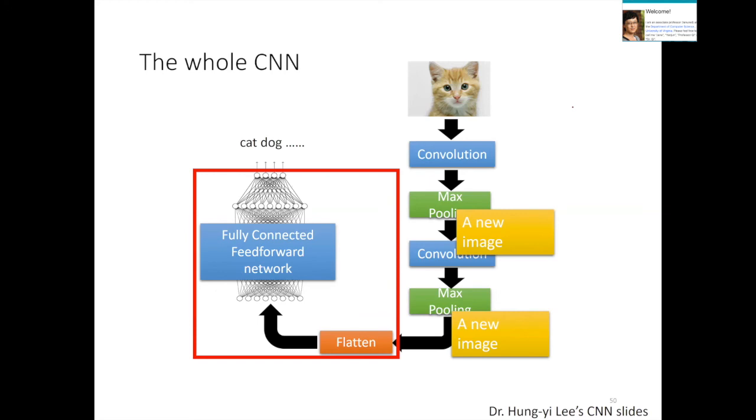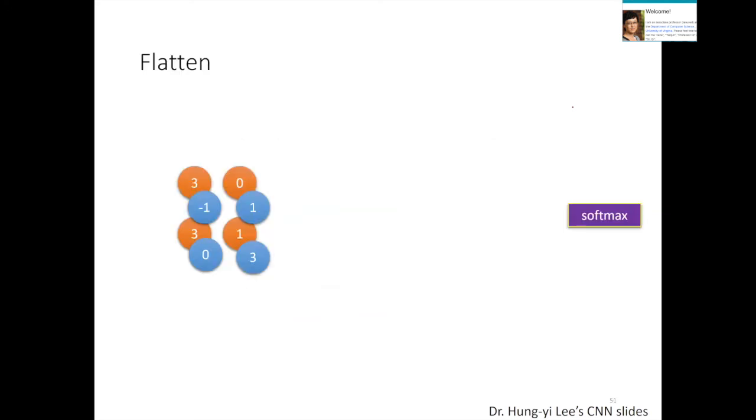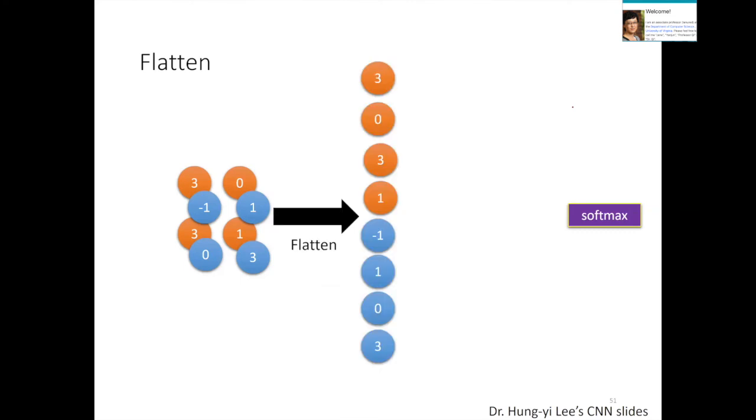All right, so then let's take a look at the flatten layer. The flatten layer, essentially, is very, very simple. I'm just concatenating by removing all the spatial relationships, and also concatenating all the filters, all the channels. So in this case, I have the red channel, which created a vector, and the blue channel created another vector.